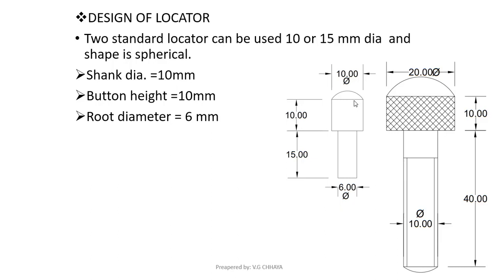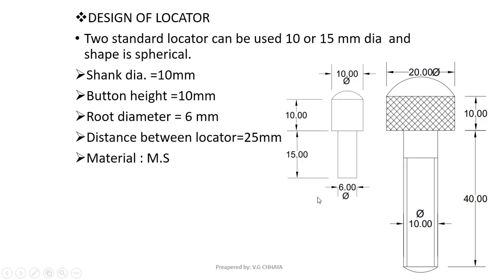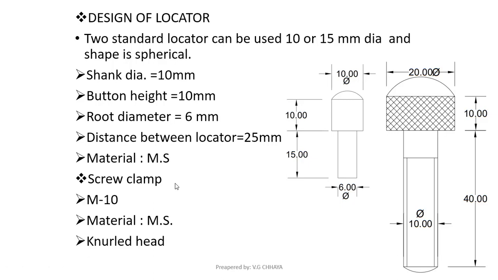We are directly purchasing them from the market. So we have purchased a button locator of shank diameter 10 mm, button height of 10 mm and root diameter of 6 mm, and distance between two locators will be 25 mm, that will be in side view, and material of locator will always be mild steel and quantity will be 2.